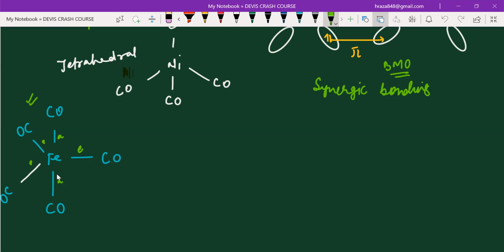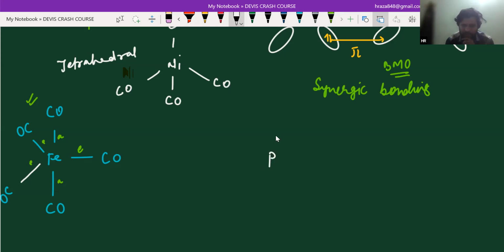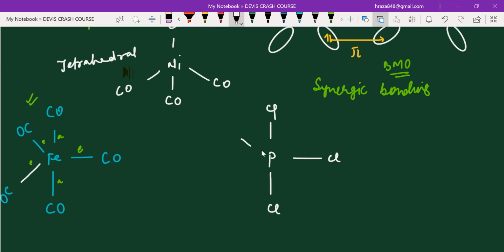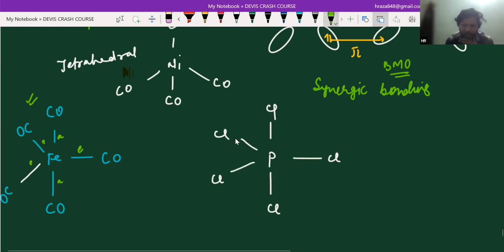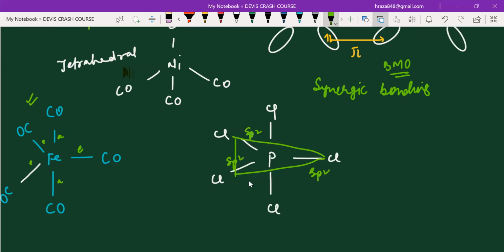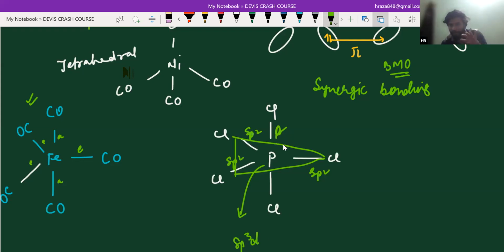See, I'm going to take the example of PCl5 because both have the same structure and it's very easy to draw. This is the trigonal bipyramidal structure.